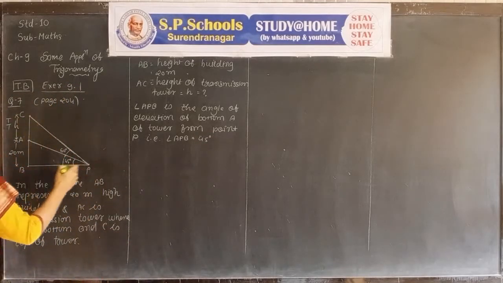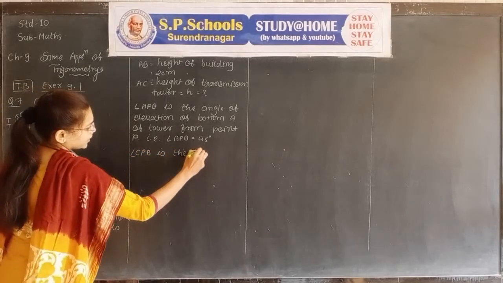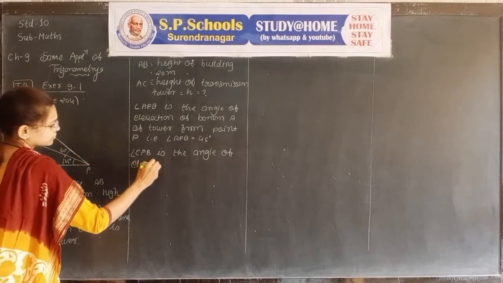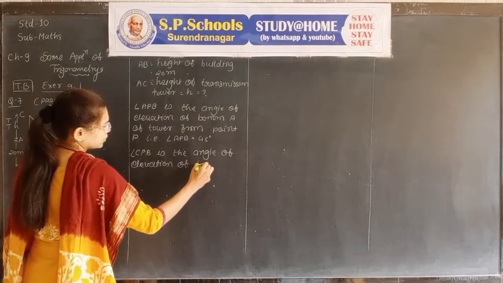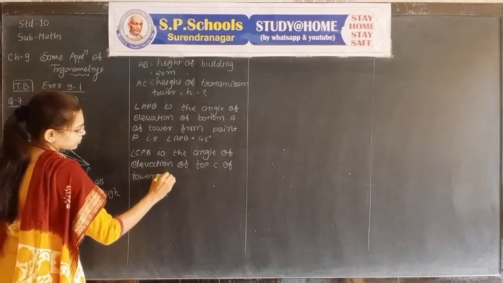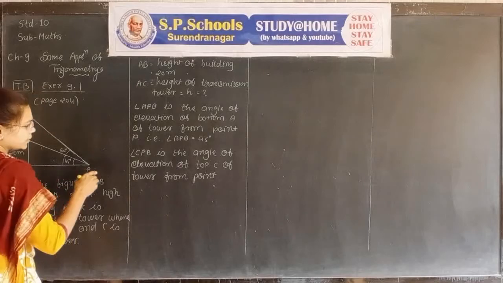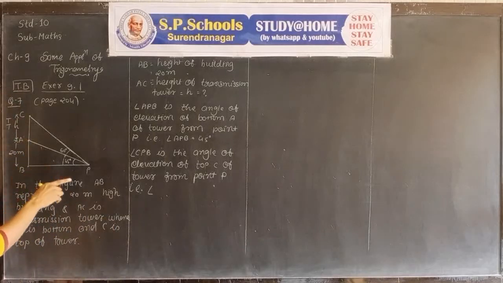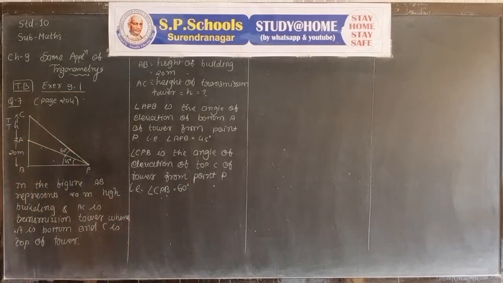Next, angle CPB is the angle of elevation of the top C of the tower from point P. That is, angle CPB is equal to 60 degree.